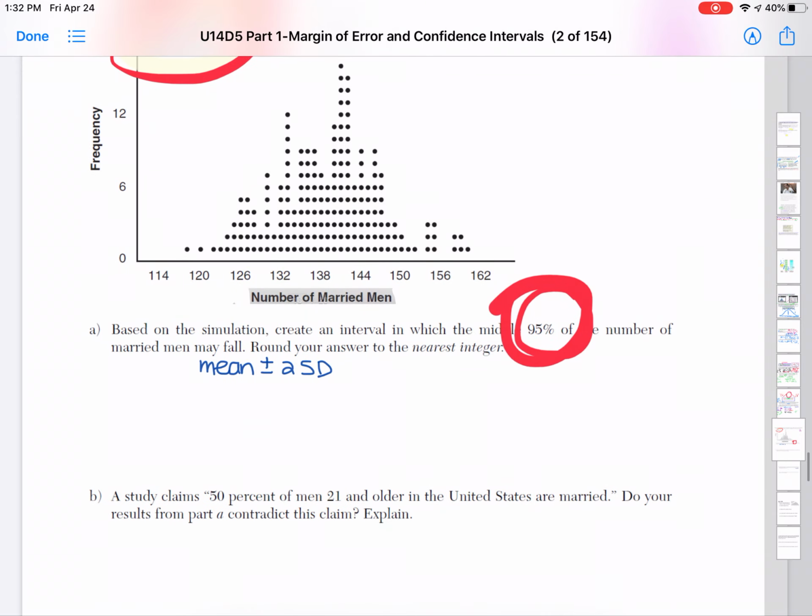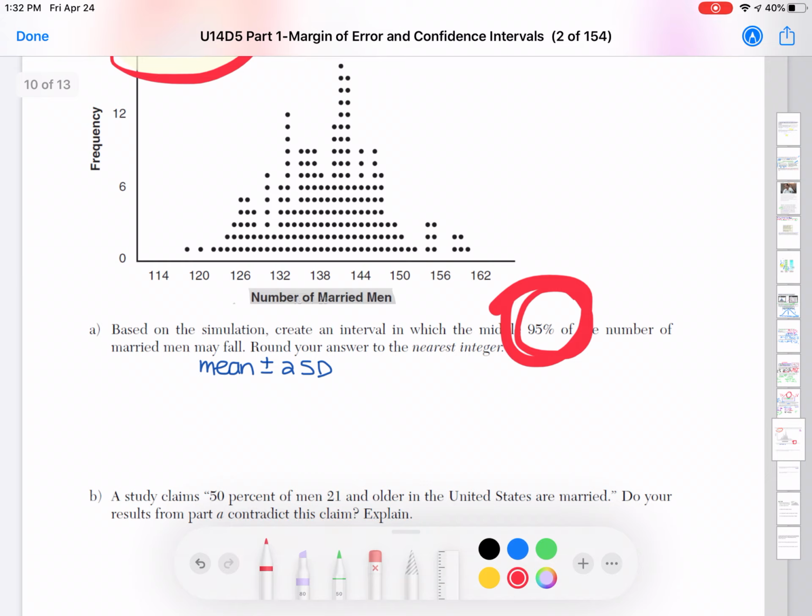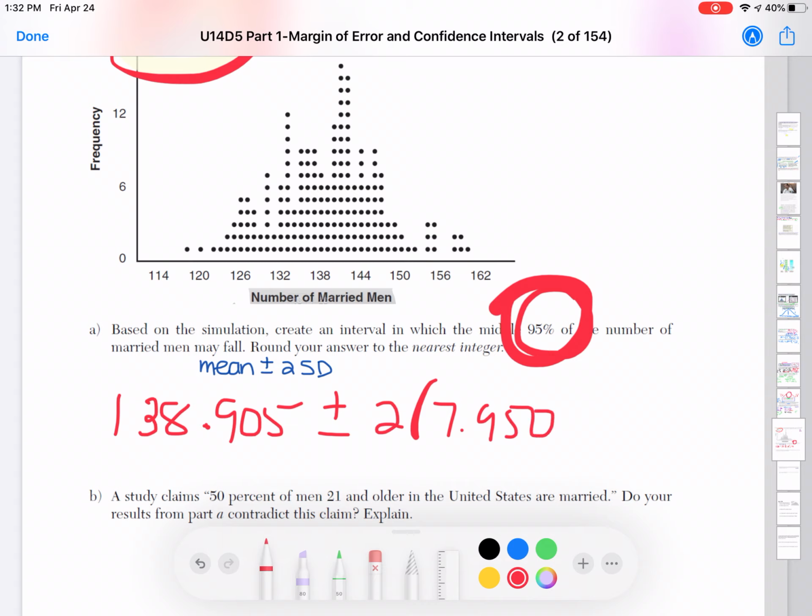So here we go again: 138.905 plus or minus 2 standard deviations. After we do that and round to the nearest integer, we get 123 to 155. So you guys can do that and round.